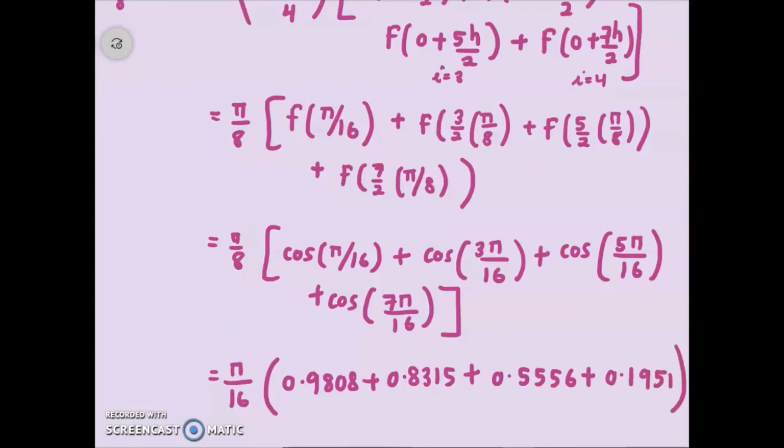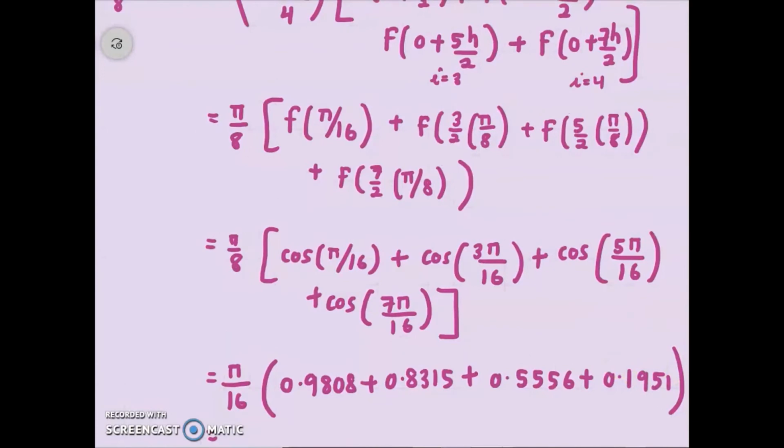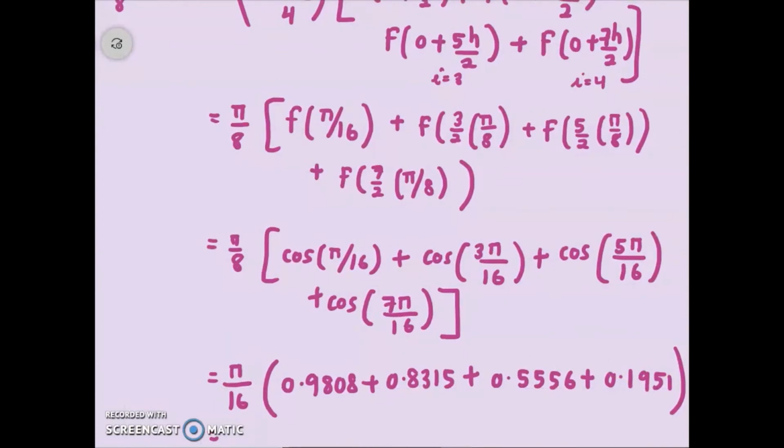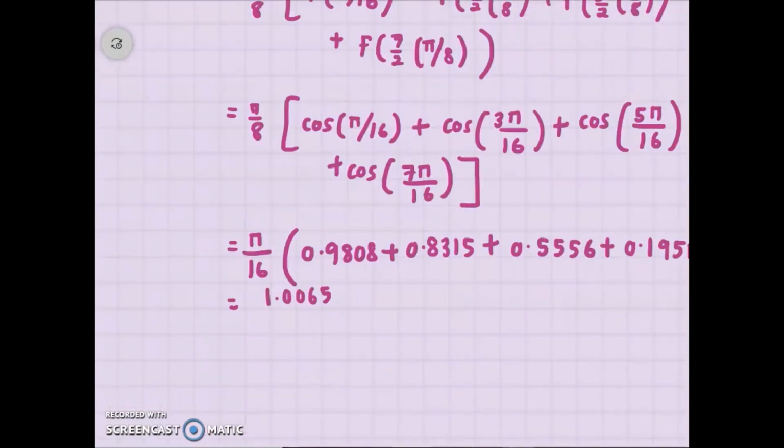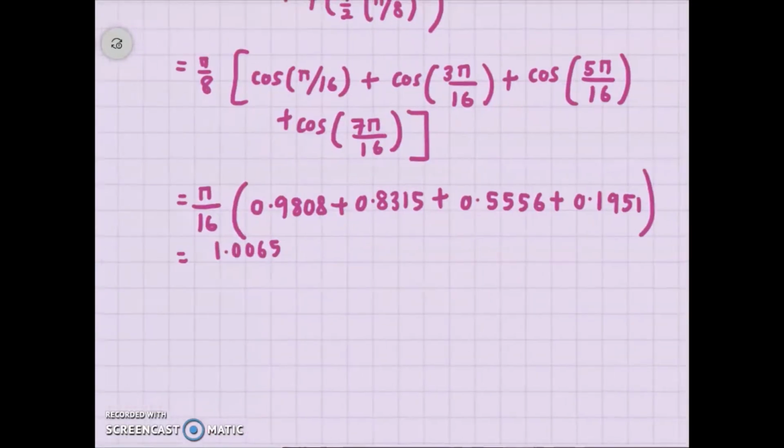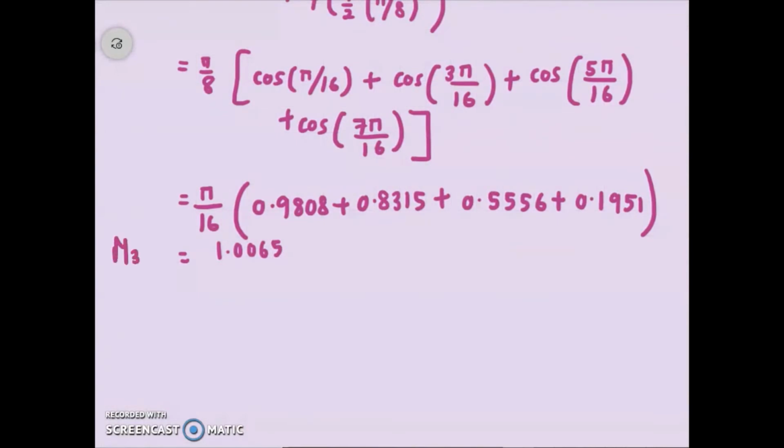Okay, now use your calculator to add them all up. Adding up will give you 1.0065. That is my M31. Now you want to find M22, which is 4 times M21 minus M11, divided by 3.